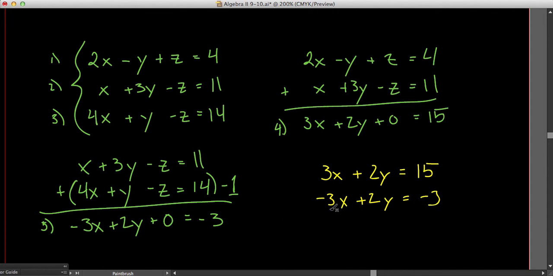So now we have a system of our fourth and fifth equations. Both are only in two variables, which are much easier to work with. And we can combine these to get an expression for y, because I can already see that if I combine these two equations, the 3x and the negative 3x will cancel out, and I'll be left with 4y equals 12.